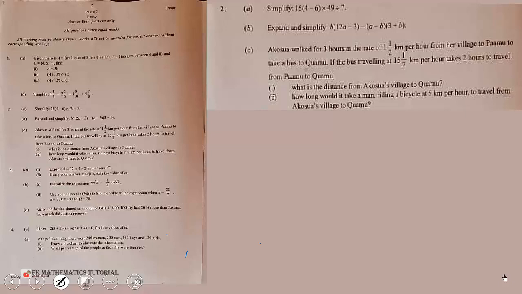So let's say that this is Akosua's village. Akosua's village is here, and you travel 3 hours at a rate of 1.5 kilometers per hour. So to Kwemu, let's say Kwemu is here, Paamu is here.